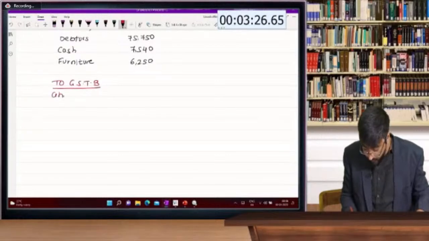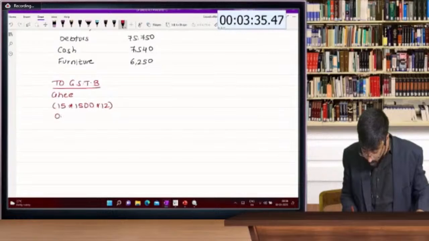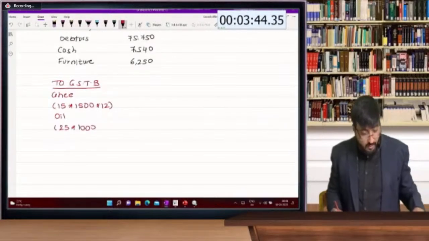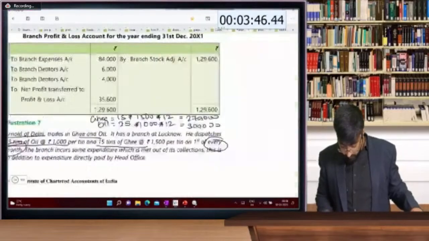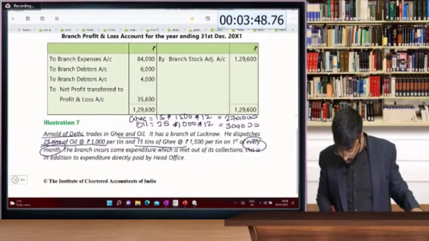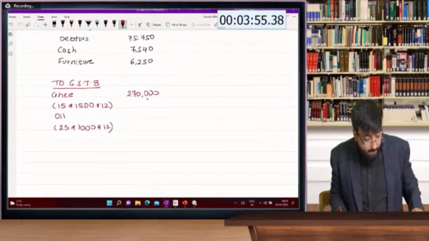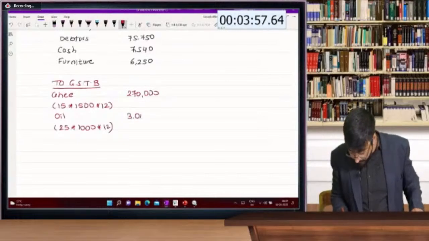Ghee, 15 into 1500 into 12. Oil, 25 into 1000 into 12. 2,70,000 and this is 3 lakhs.